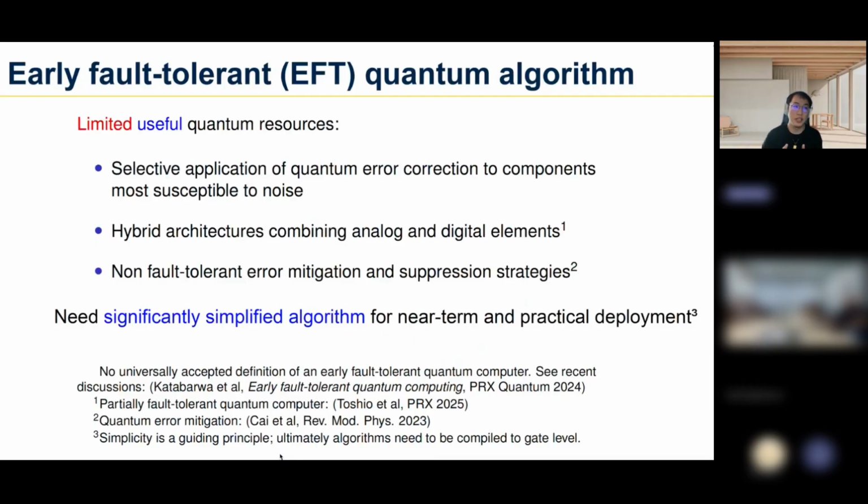First, I want to introduce the early fault-tolerant quantum computer, which is a quantum computer we can expect in the near future. Since it is an early quantum computer, we can only expect limited useful quantum resources, so to run algorithms on it we need significantly simplified algorithms for near-term and practical deployment.